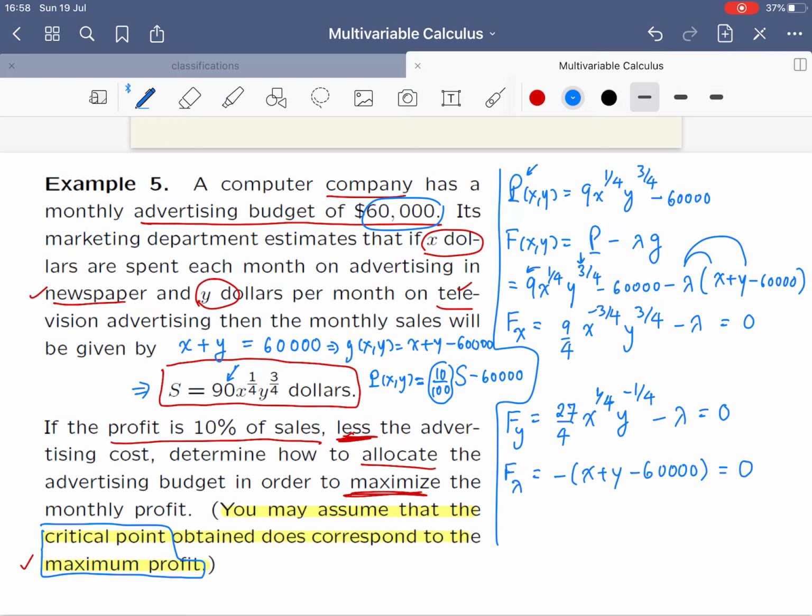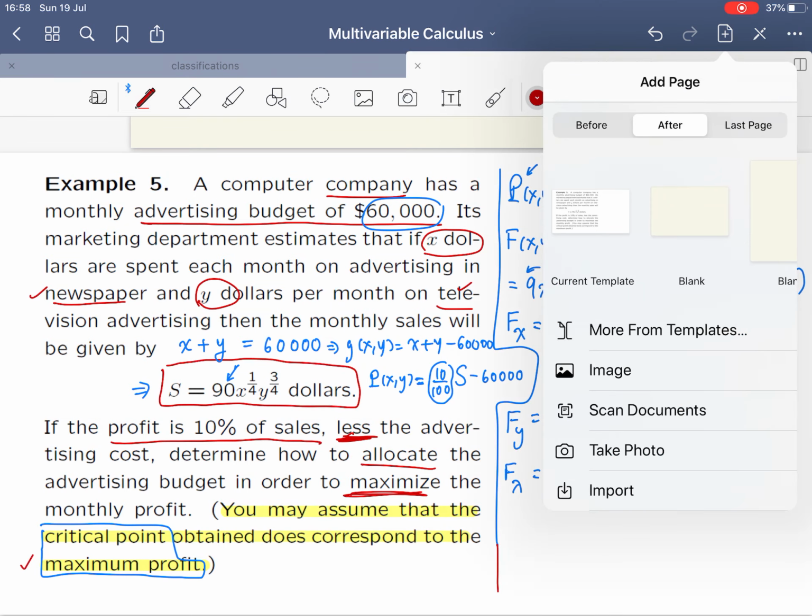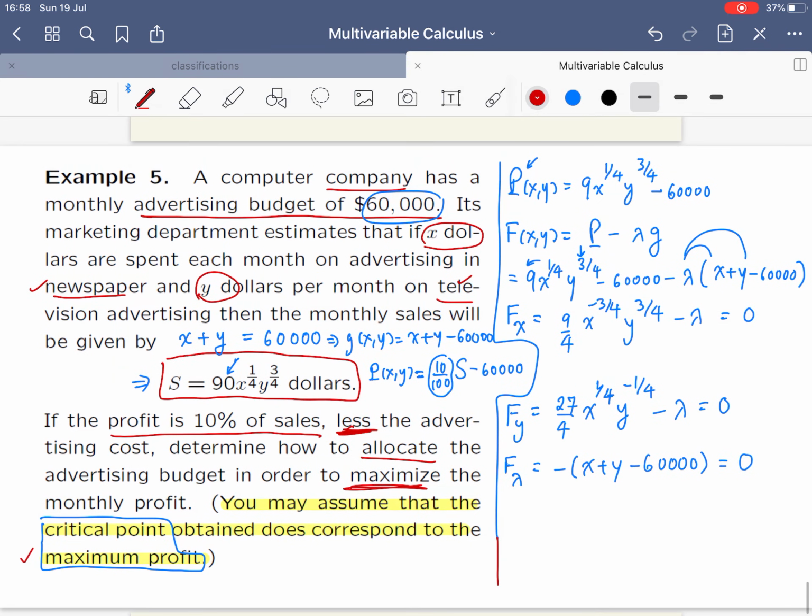I'm not so sure whether you are getting familiar with this problem or not, but this is actually the one that we did previously. So we are going to use the same technique. Let us add one more page.